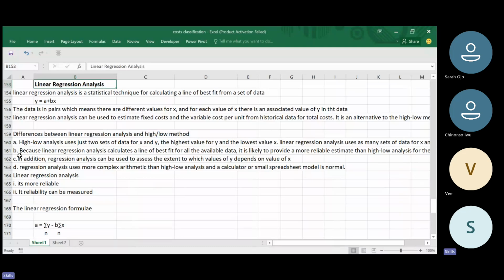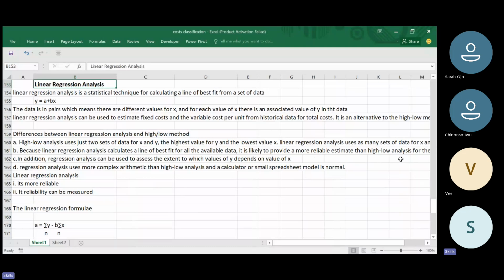Secondly, because linear regression analysis calculates a line of best fit for all the available data, it is likely to provide a more reliable estimate than the high and low analysis, because it uses more data than the high and low.